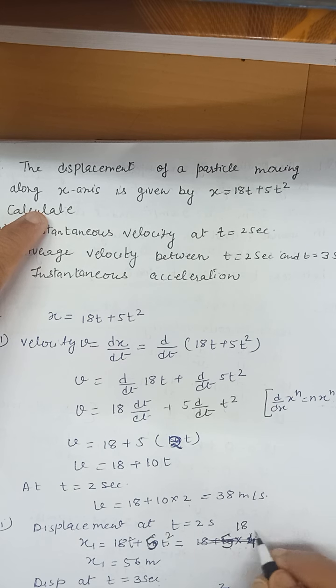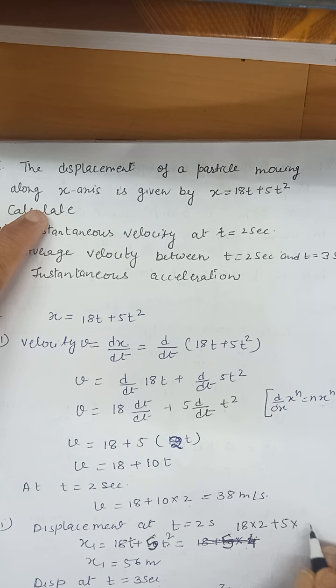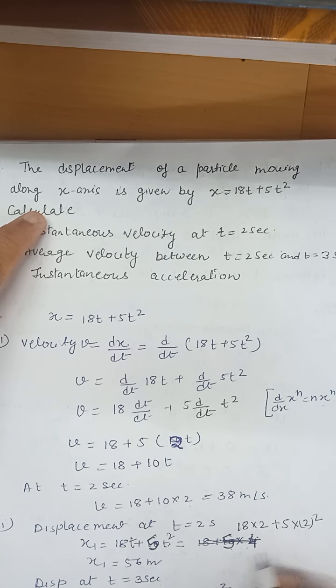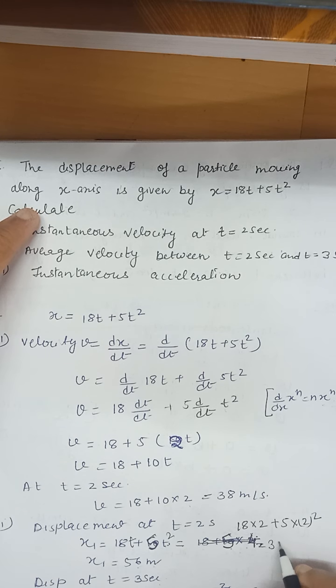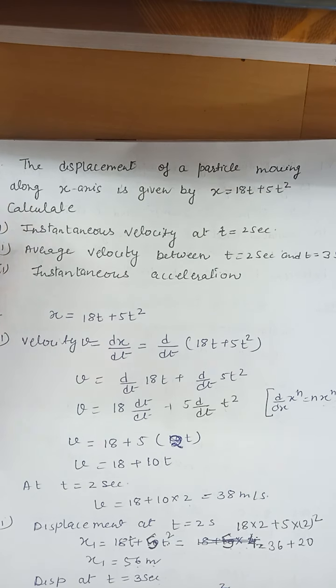Make the correction: 18 into 2 plus 5 into 2 squared. So you will get the answer 56. This is 36 and this is 20, so you have got 56 meter.